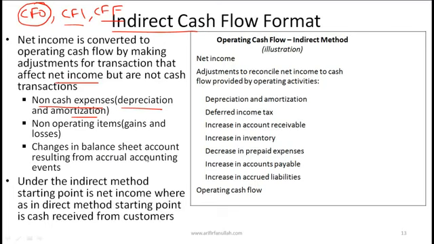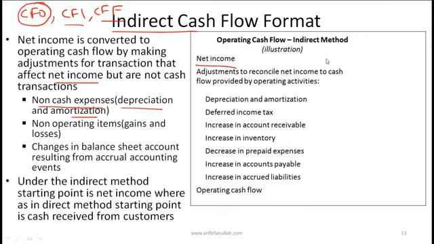So I'm going to show you an example of this. Under the indirect method, the starting point is net income, whereas as you saw earlier in the direct method, the starting point was cash received from customers. Starting point is net income.